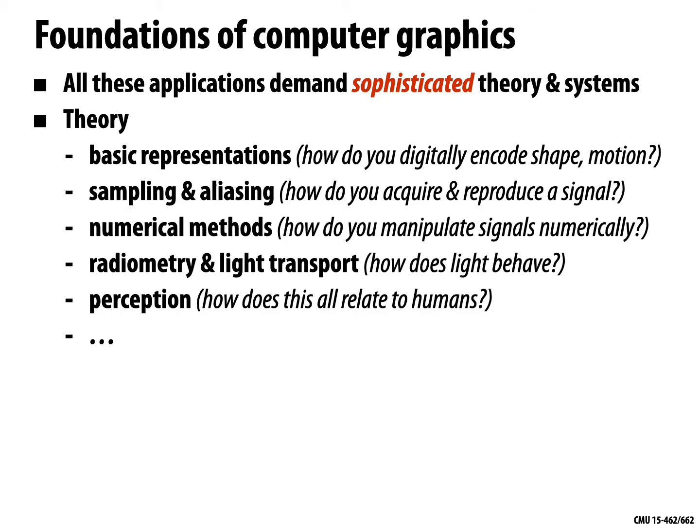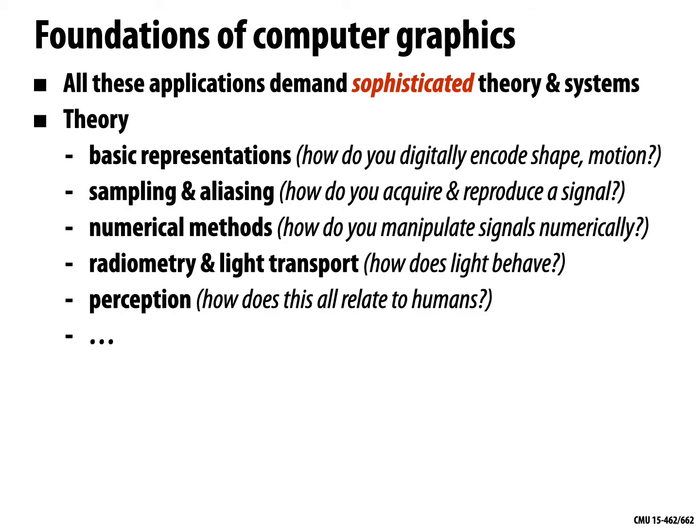How do you digitally encode shape or motion? A big theme in this class is going to be sampling and aliasing. So how do you navigate acquiring a signal and reproducing a signal so that the thing you reproduced faithfully represents the thing you acquired? We're going to talk a lot about numerical methods. So how do you manipulate signals numerically? How do you solve equations numerically?